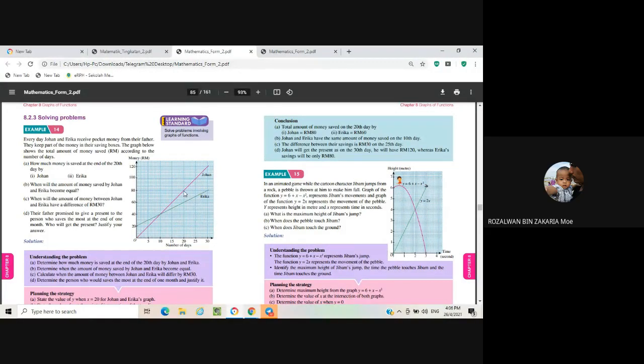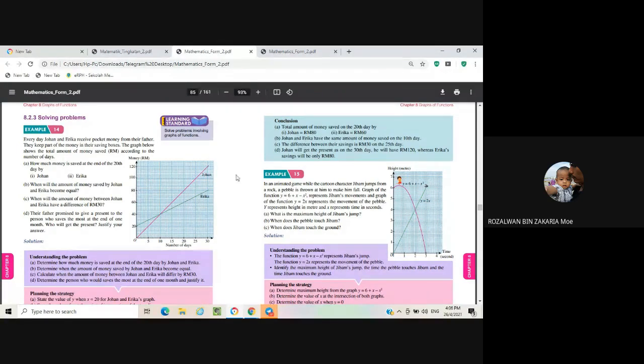Then you draw another horizontal dotted straight line until it reaches the y-axis, then you will get the value, which is equal to 80.